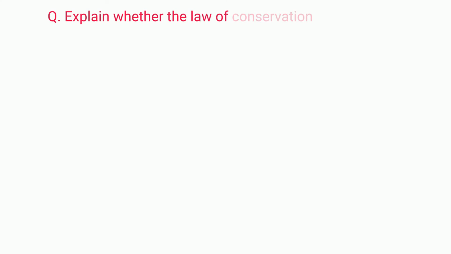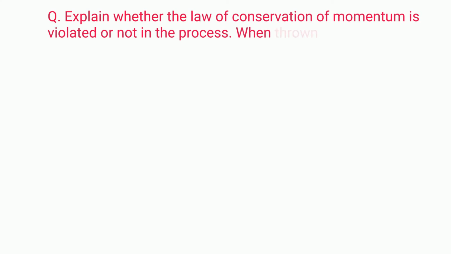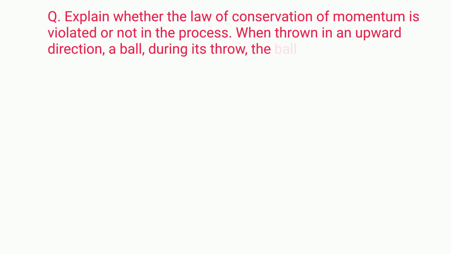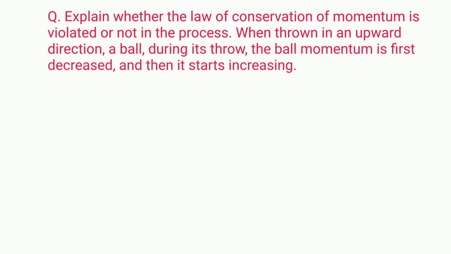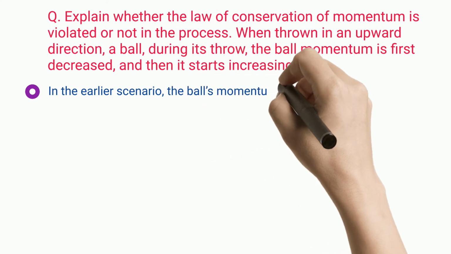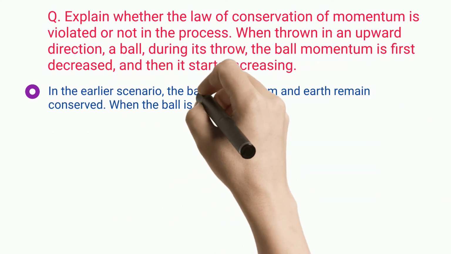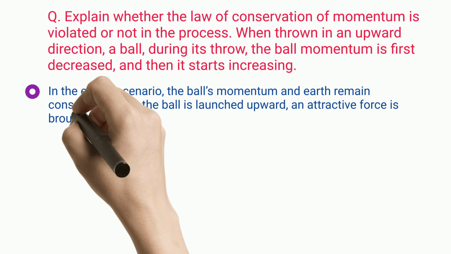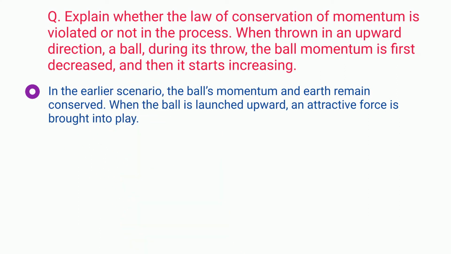Q. Explain whether the law of conservation of momentum is violated or not in the process. When a ball is thrown in an upward direction, the ball's momentum first decreases, and then it starts increasing. In the earlier scenario, the ball's momentum and Earth's momentum remain conserved. When the ball is launched upward, an attractive force is brought into play.